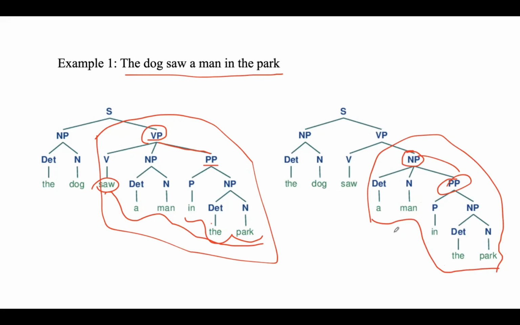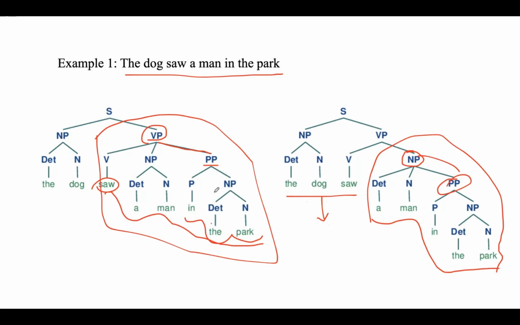In this part, we just have "a man in the park". So who is seeing? The dog is seeing. And it is not clear whether the dog is in the park or whether it is seeing from somewhere. Suppose the dog might be seeing a man who is walking in the park from a balcony in the apartment. Even that can be one interpretation.